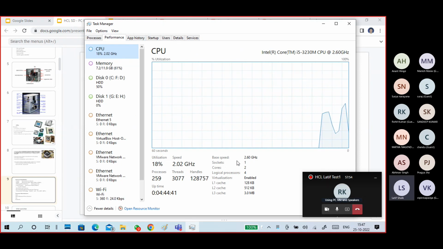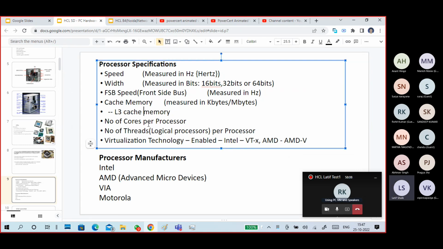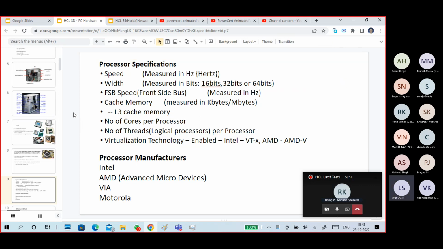It's the speed of the processor. Number of cores 2, number of logical processors 4, cache memory and virtualization. So this is the speed. Cache memory, number of cores, virtualization technology, and number of threads we can also see here.